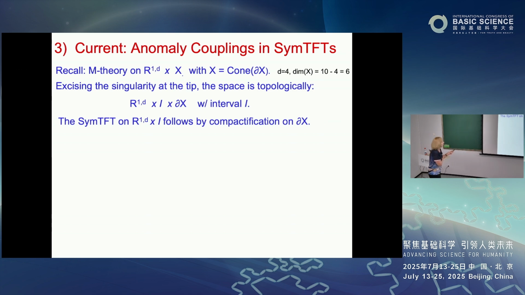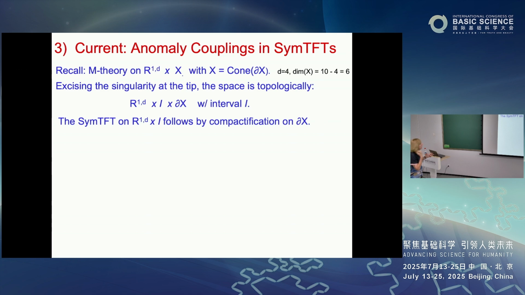Okay? So, reminder again, we are dealing with M theory in, say, d plus 5 dimensions in our case, and the extra non-compact space is a cone associated with a 3-dimensional special holonomy space.